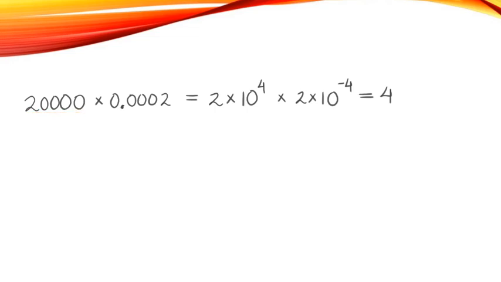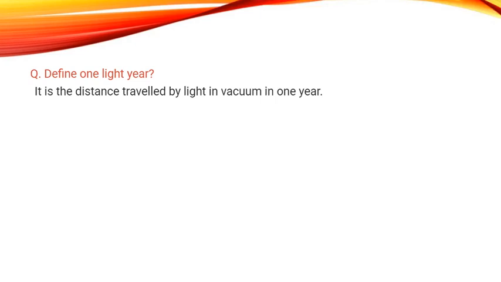If you are given very large numbers, you can write them in terms of power of 10 with a higher order. One such large quantity is your light year. So define 1 light year. 1 light year is the distance traveled by light in vacuum in 1 year. So consider your source of light, a sun.